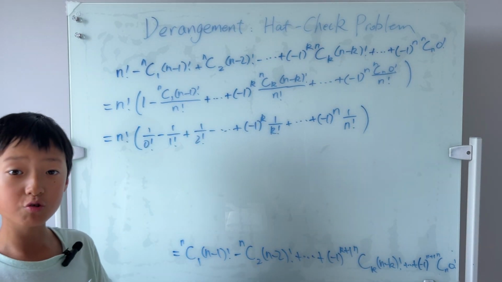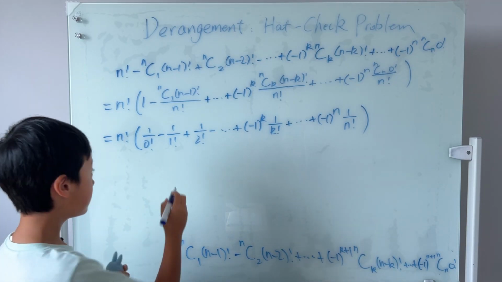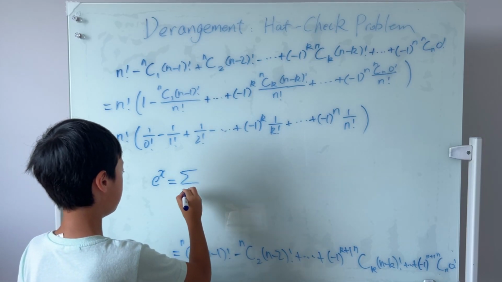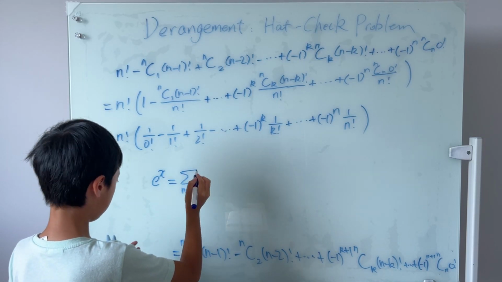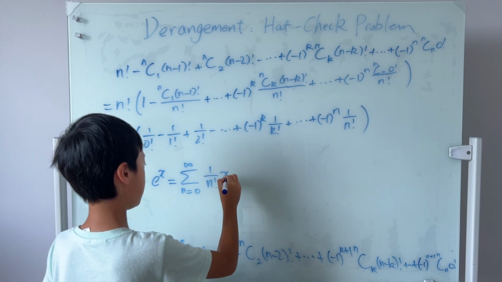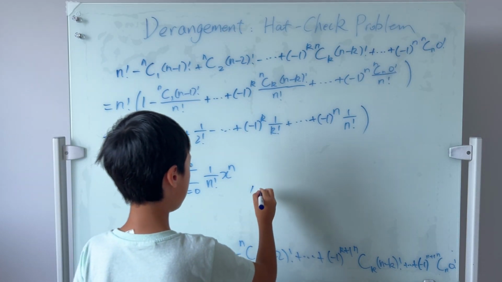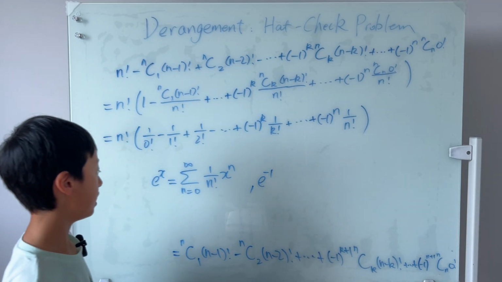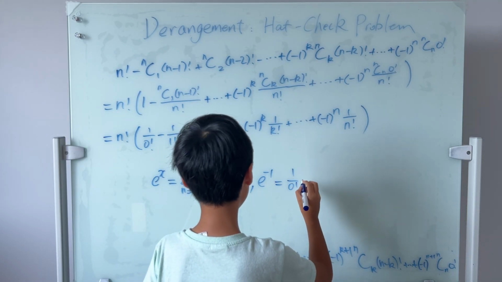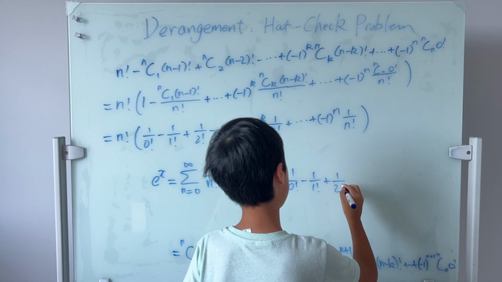Okay, and now we're going to look at the Maclaurin expansion of e to the power of x. And this is actually equal to the sum as n goes from 0 to infinity of 1 over n factorial times x to the power of n. And surprisingly, if we plug in negative 1 into this sum, it will actually be 1 over 0 factorial minus 1 over 1 factorial plus 1 over 2 factorial.